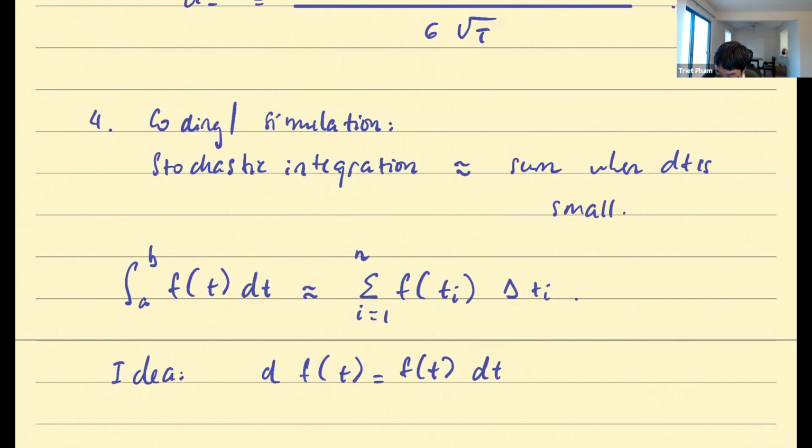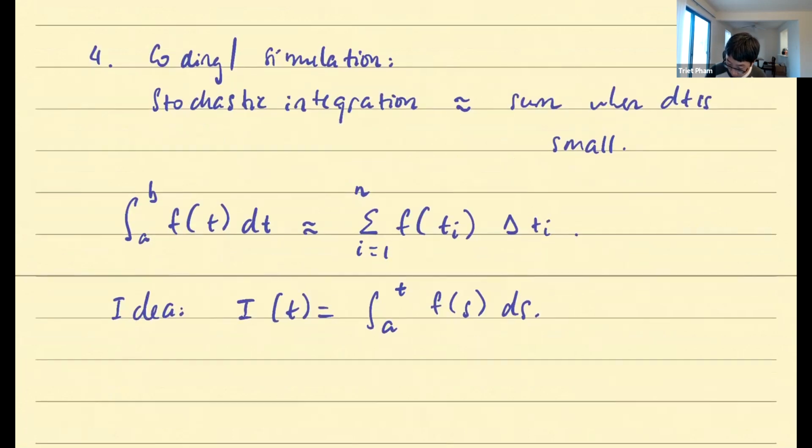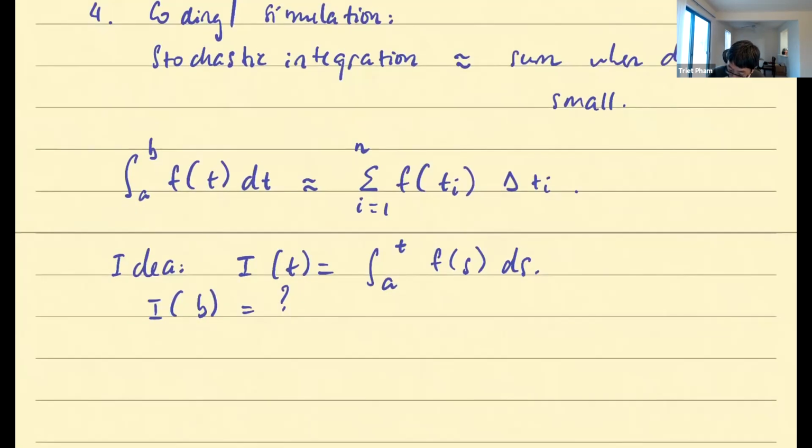What I'm saying is, let's say the object that you're looking for, let's call it I of t, I for integral. I of t is the integral from a to t, let's say, of f of s ds. And of course, you want to look for I of b, the integral at b. So basically, the idea is the change of this integral at any time point is f_t dt. That's the idea. Well, why?